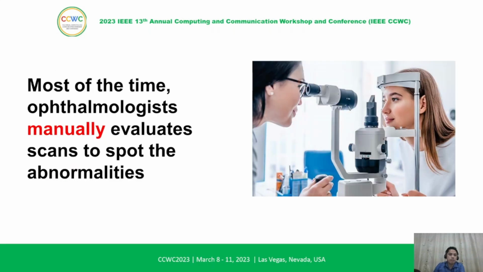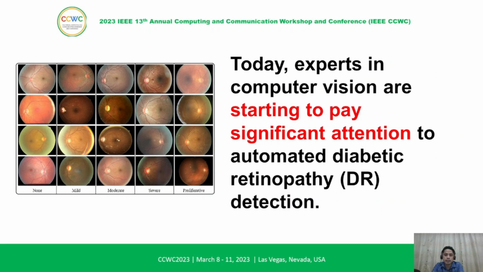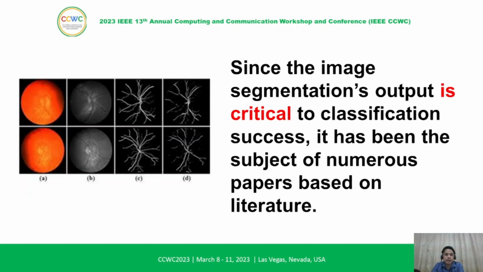Most of the time, ophthalmologists manually evaluate scans to spot the abnormalities. Today, experts in computer vision are starting to pay significant attention to automatic diabetic retinopathy detection. Since the image segmentation's output is critical to classification success, it has been the subject of numerous papers based on literature.